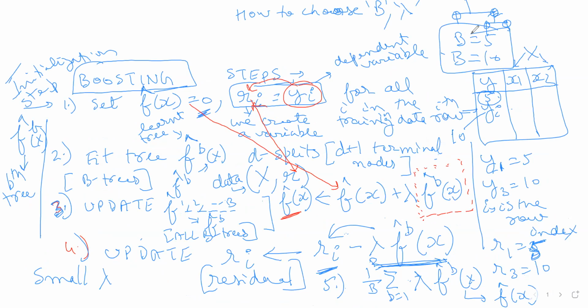The value of B which, in a cross validation sense on the test data, gives you a lower value of MSE is going to be the choice of B. So you choose two or three B's: B equal to 10, B equal to 5, B equal to 20.